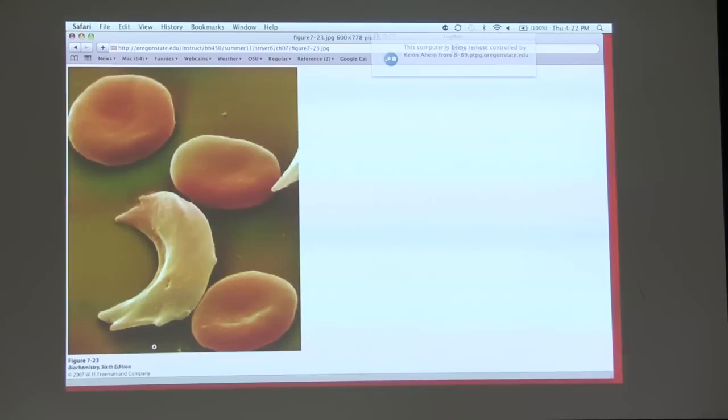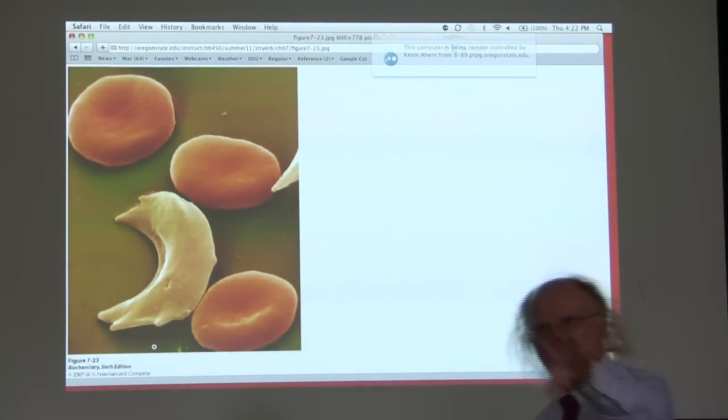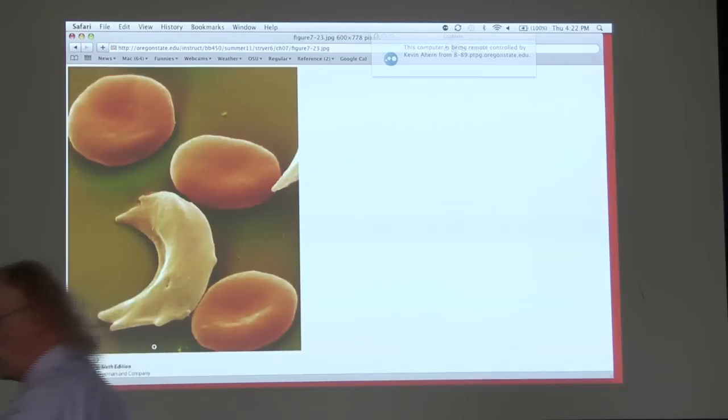That's the most common way, and there's many different mutations, but that's the most common one. When that happens, the hemoglobins inside of the blood cells will polymerize when oxygen concentration is low. Polymerize meaning if I had one single hemoglobin of 4 subunits, it will link to another one, to another one. I'll make a chain of these 4 subunit hemoglobins that goes very long. That happens when the oxygen concentration gets very low.